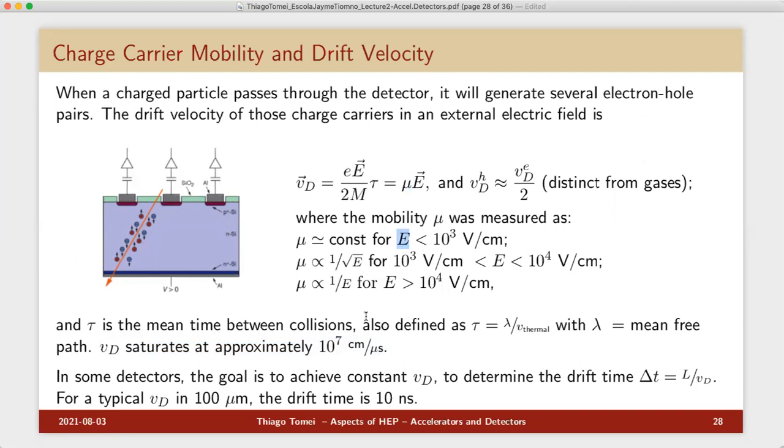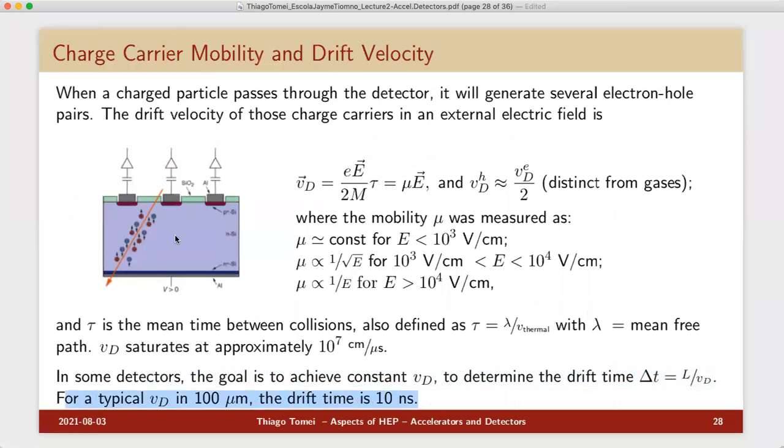So one of the things that you can do with all these handles is try to achieve a constant drift speed, drift velocity, because then you can determine drift time, because it's constant, and you can measure it.